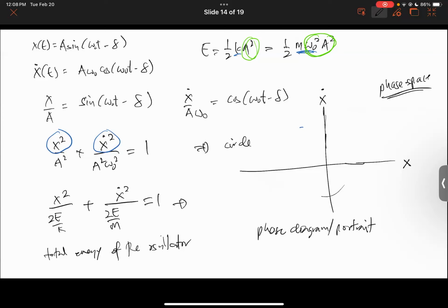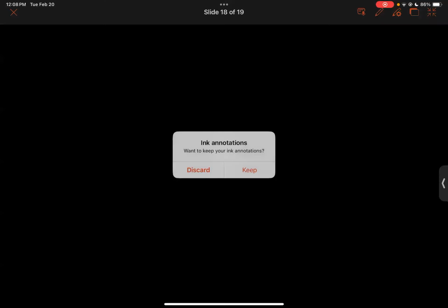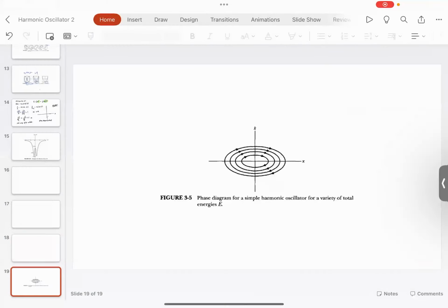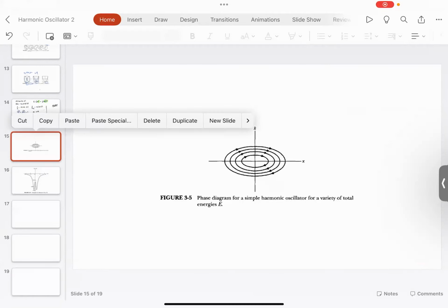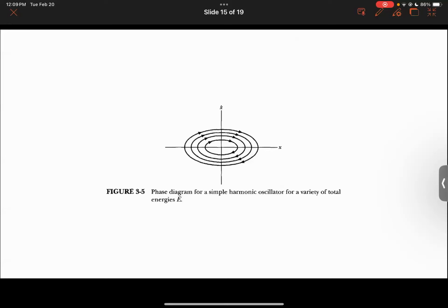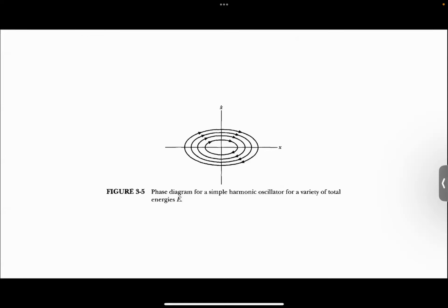So what does that phase space look like? Well, since it looks like the equation of a circle, in general it is not really a circle, but an ellipse. So this is the phase diagram for a simple harmonic oscillator for different energies.